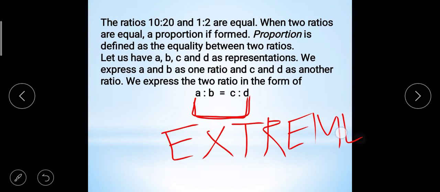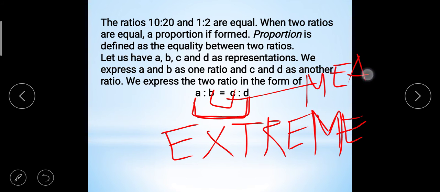Extreme. Okay? So, yung nasa loob is called the mean. And then, itong nasa outer is called the extreme. Are we good?